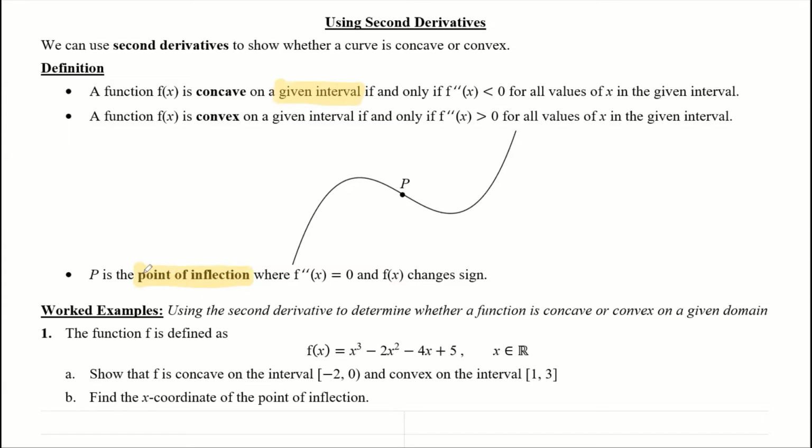So you can see here that as I go clockwise, this is where we are concave. So going clockwise along the curve, this must be concave. So that means that the second derivative is negative. And then we switch over.